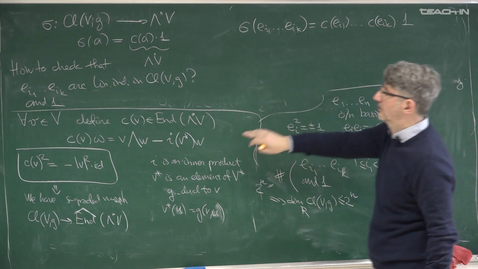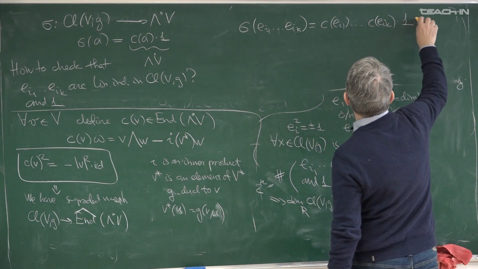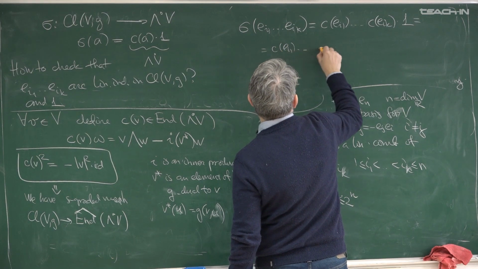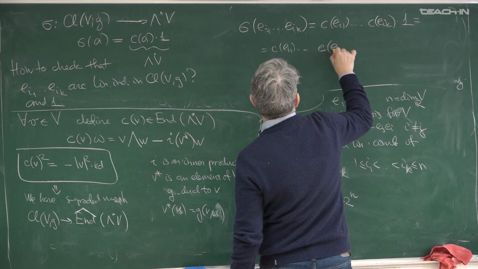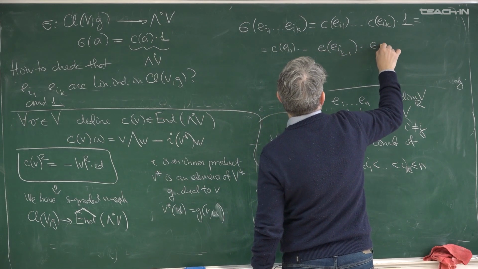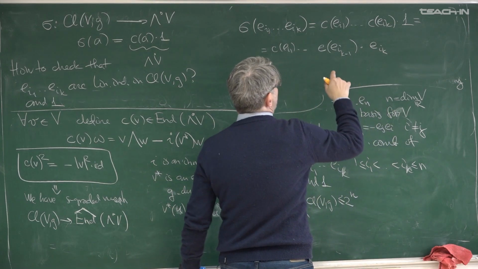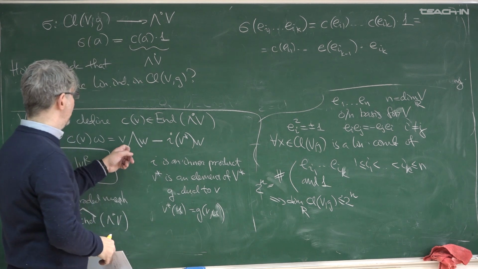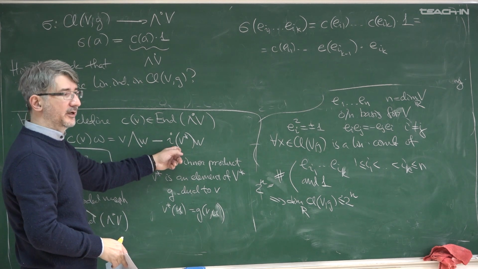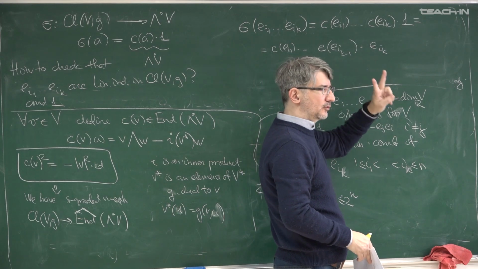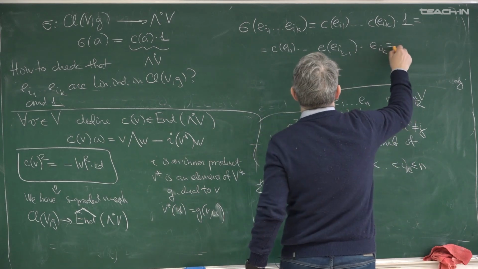So the second term does not appear. So this is just C of e_i1 ... C of e_i(k-1) applied to e_ik. Next, we take this element. First we take the exterior product, and then we try to contract. How will you contract two orthogonal vectors? You will obtain 0.